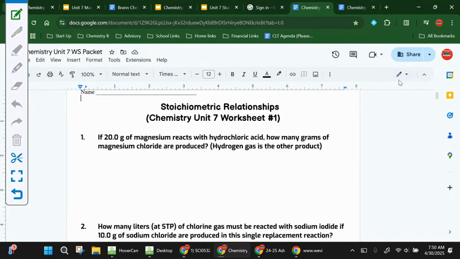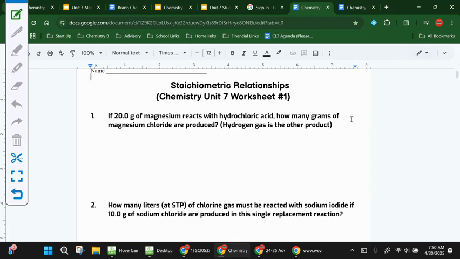We will get to the point where we can. But right now, these problems start out with you being able to read this and write a balanced chemical reaction for it. And this is literally telling you what the reactants are, and it is also telling you what the products are. So let's try to write a balanced chemical equation for it.